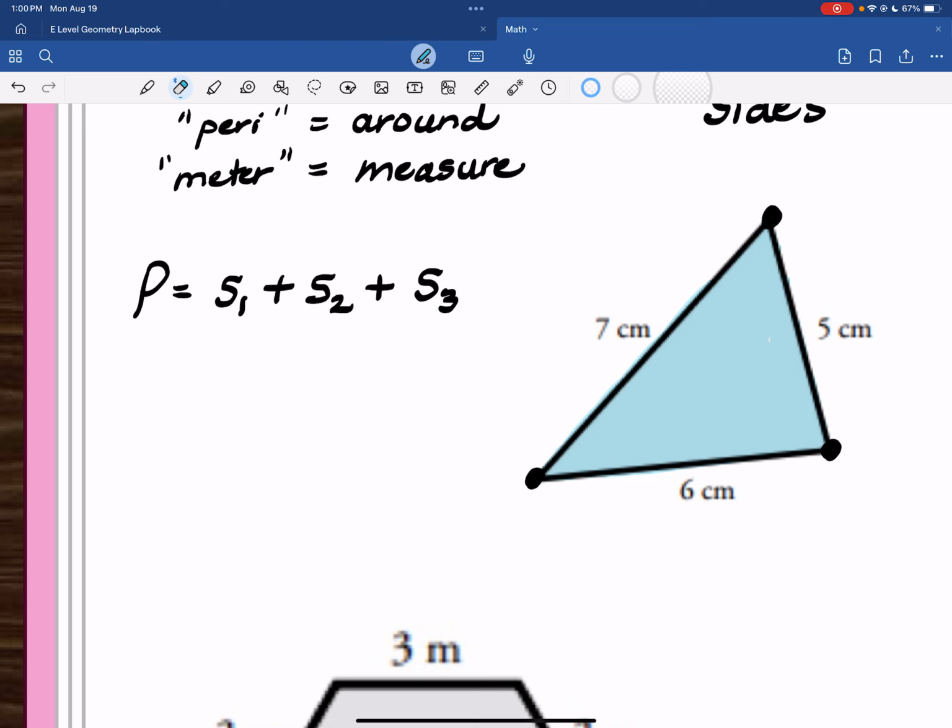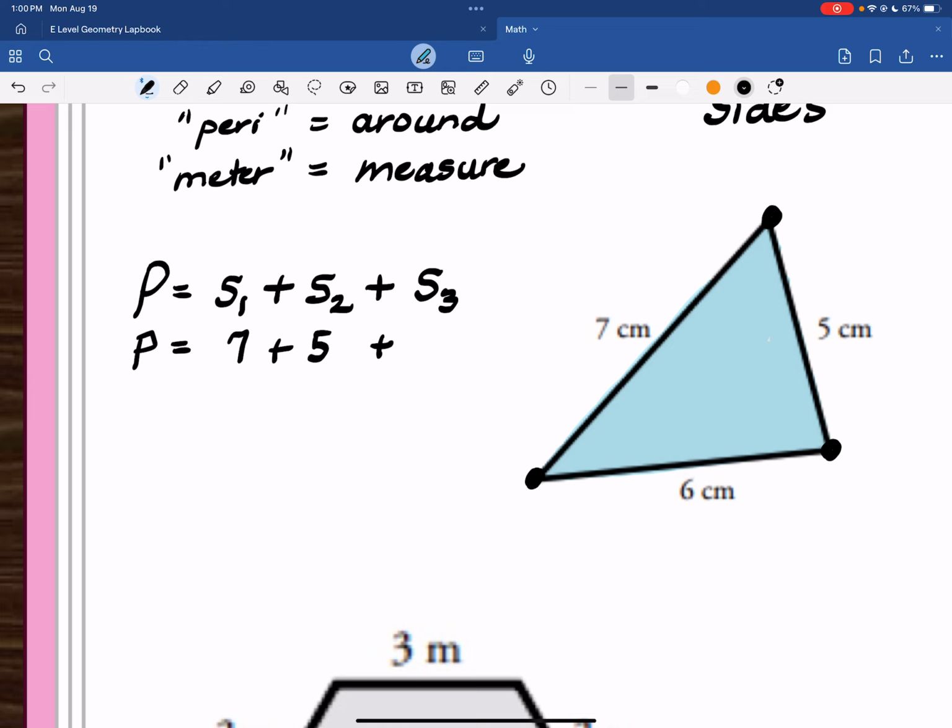So the distance around is found by adding up the sides. So how do I know which one is side 1? It doesn't matter because you're adding things up. So you can put them in any order you want to.